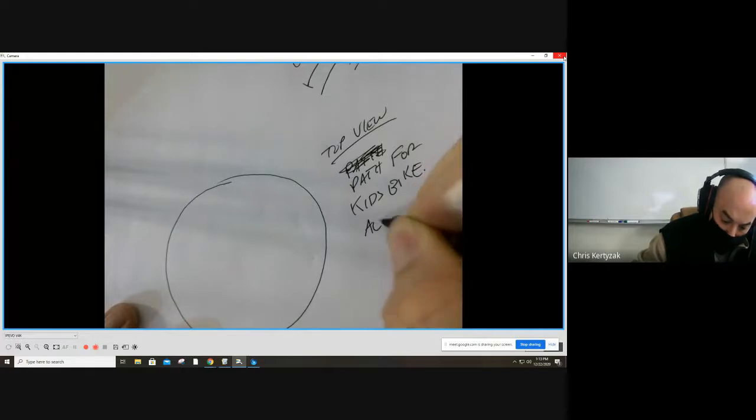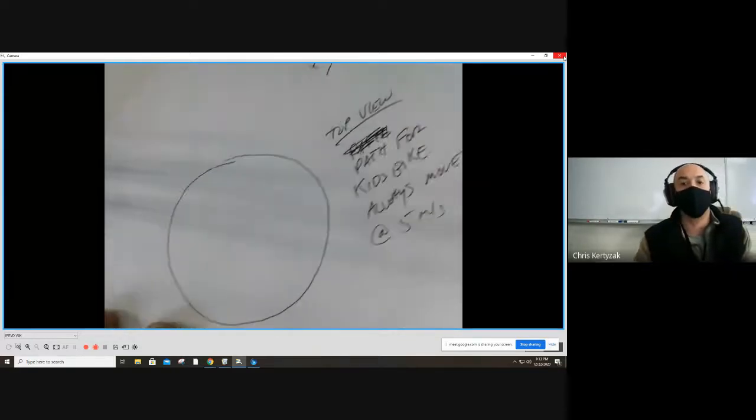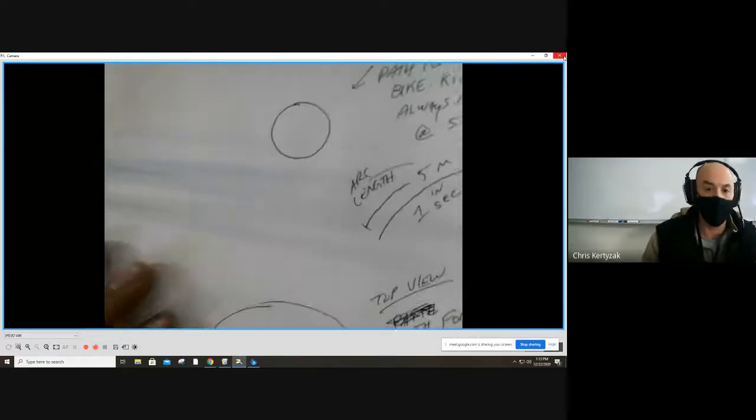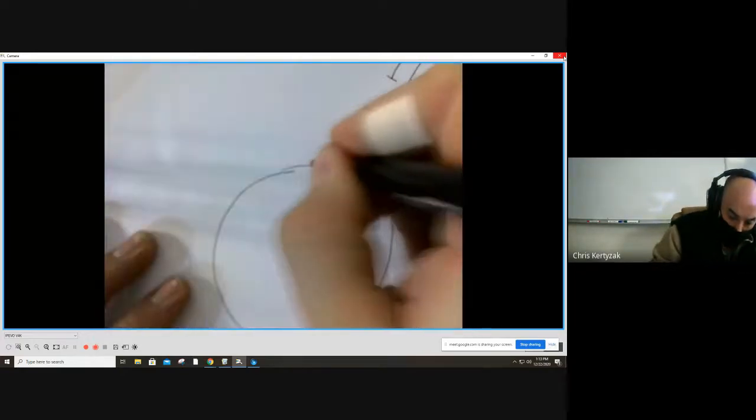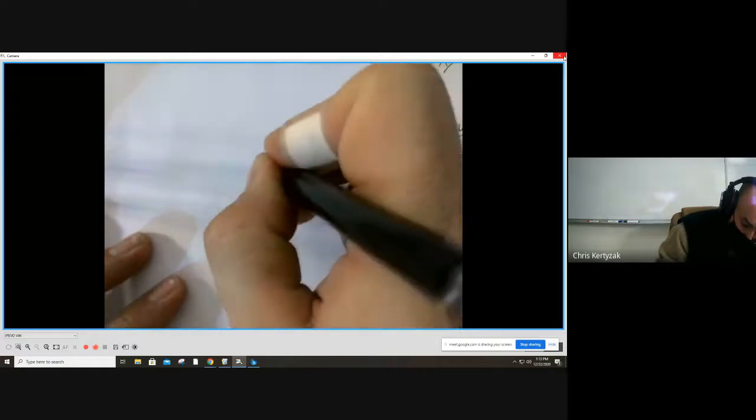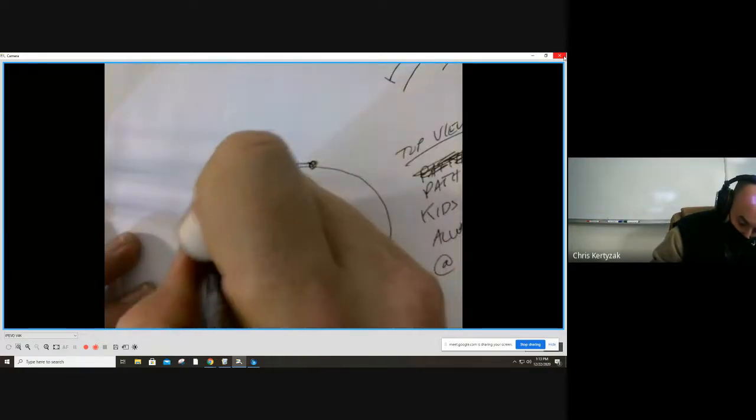And the same thing, he always moves at 5 meters per second. That's just how fast this kid bikes. He likes to go at 5 meters per second. And so now let's just draw in a couple scenarios. Here to here. And let's draw those same two in on the bigger one. Here to here.